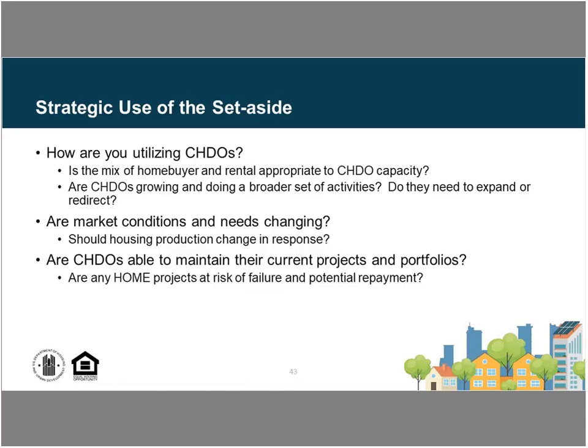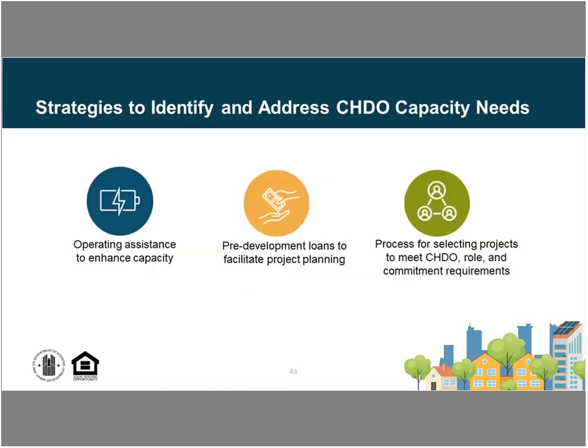Also, when we talk about some of these ways that we can support CHDOs, we need to make sure that our CHDOs remain intact and viable. And so looking at that existing portfolio becomes an important function of our overall monitoring process.